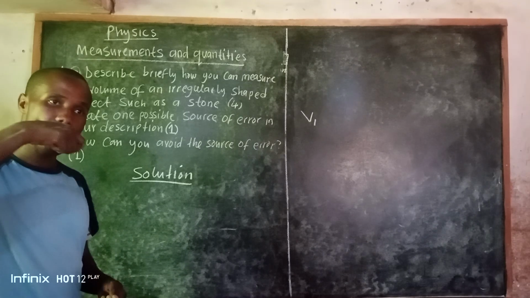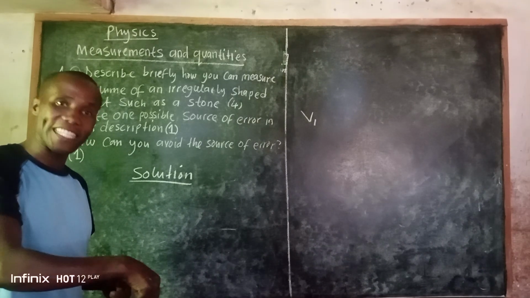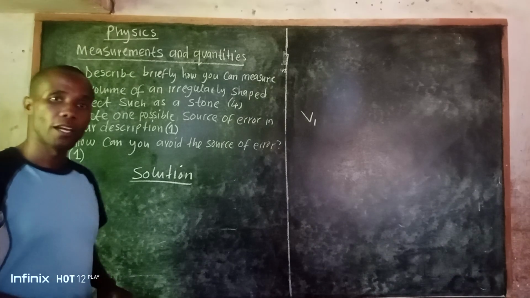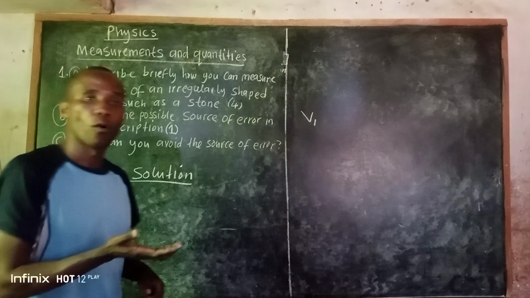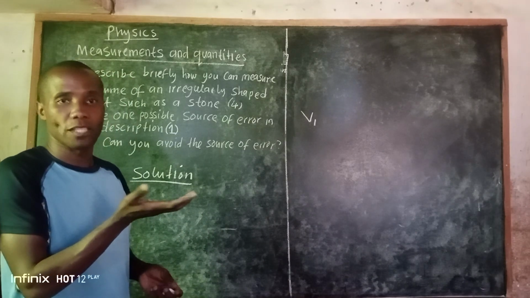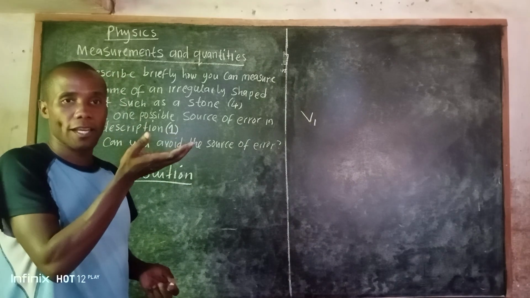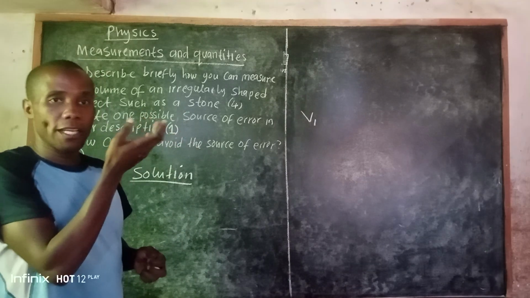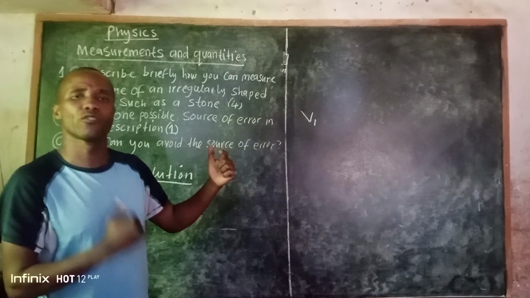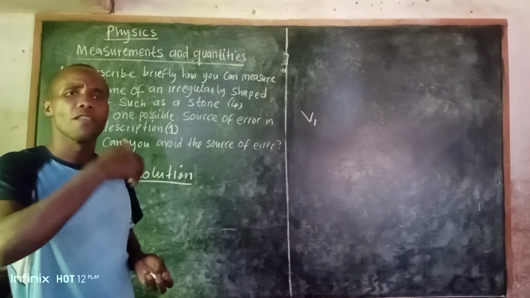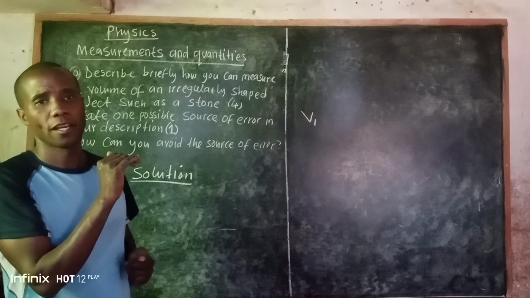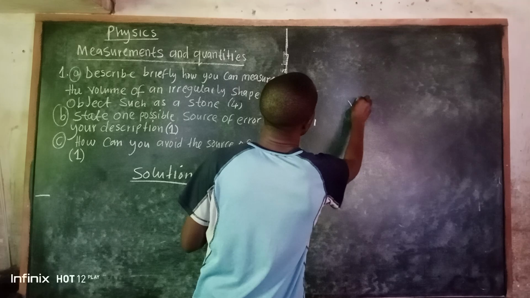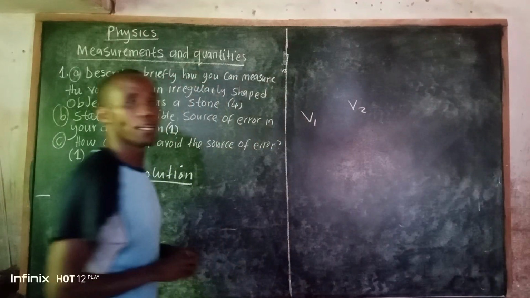You hold on to the string and lower it bit by bit until it sinks to the bottom of the measuring cylinder. The moment you do that, you notice that water is displaced. The water level will rise. Once the water level rises, you measure the volume of where the water has reached. That will be your final volume, which is volume 2.